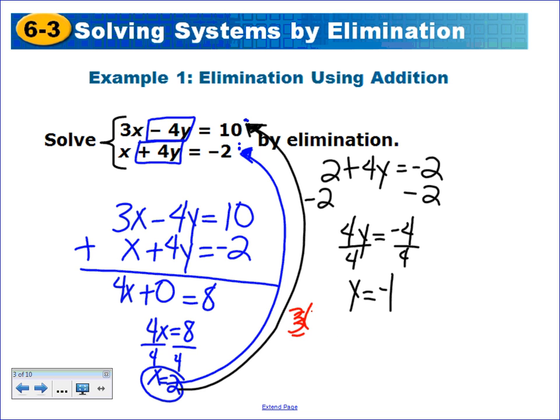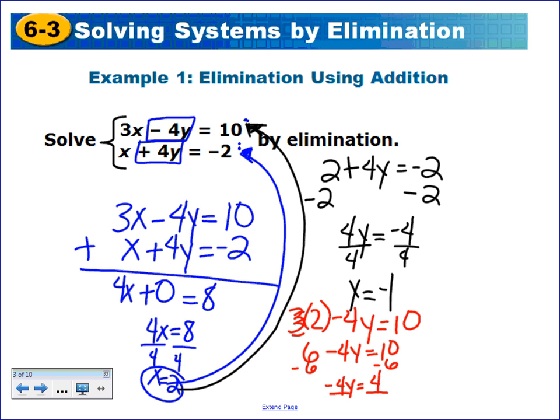So 3 times 2 minus 4y equals 10. 6 minus 4y equals 10. Subtract 6 from each side. Negative 4y is equal to 4. Divide both sides by negative 4. y equals negative 1. I was correct.